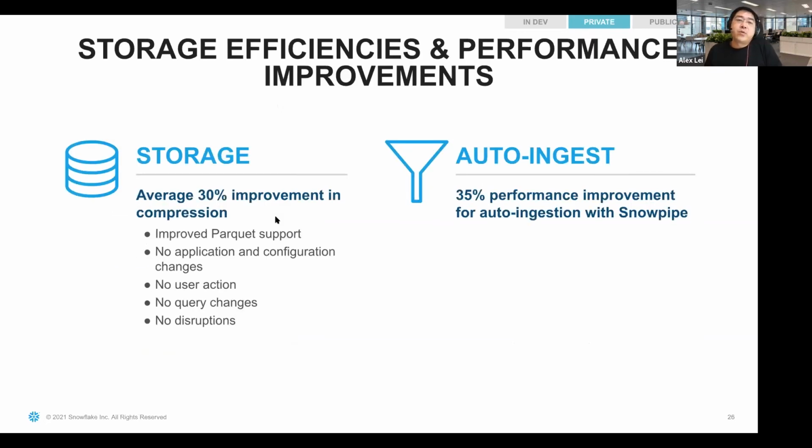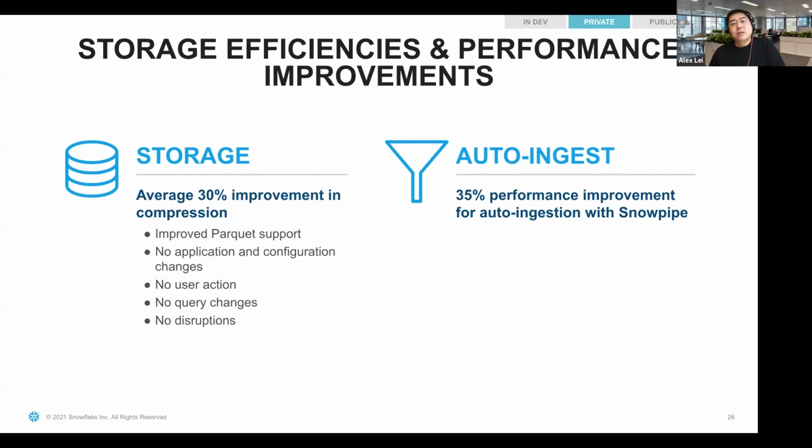Other improvements: we've created a new storage algorithm that gives a 30% improvement in compression. Existing data inside of Snowflake would stay at the old compression, but if we did a create table and refreshed that data, you would be taking advantage of the new storage algorithm.